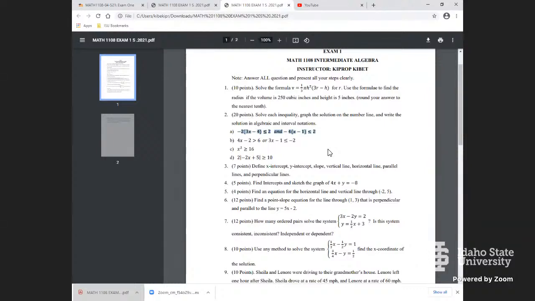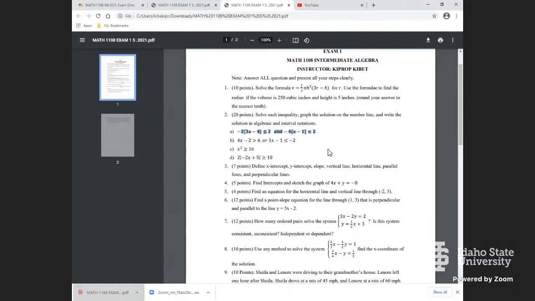So if you open the brackets, it will be 6x minus 6x plus 8, and then this one is less or equal to 2. Again, this one is minus.